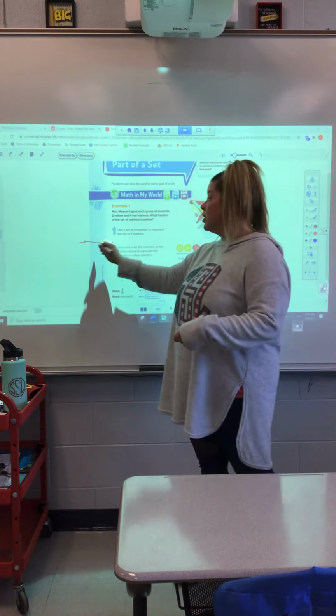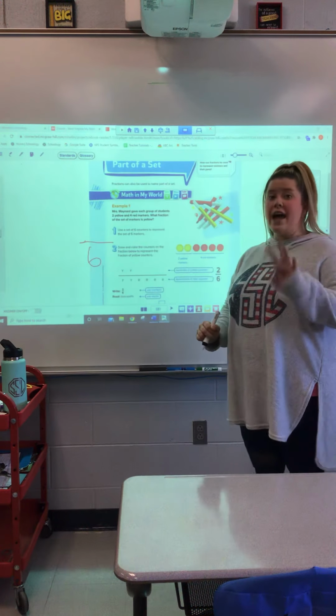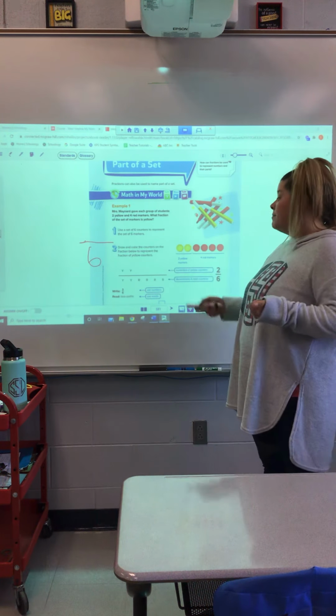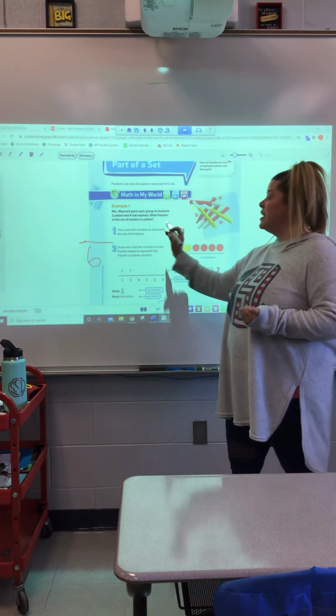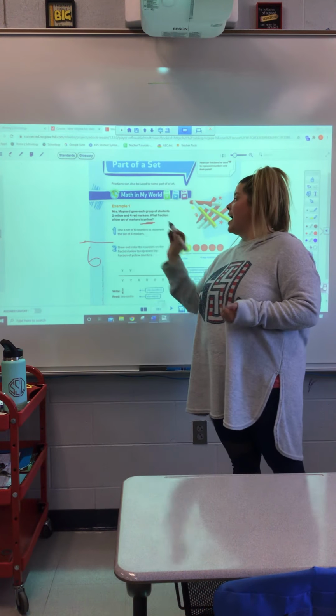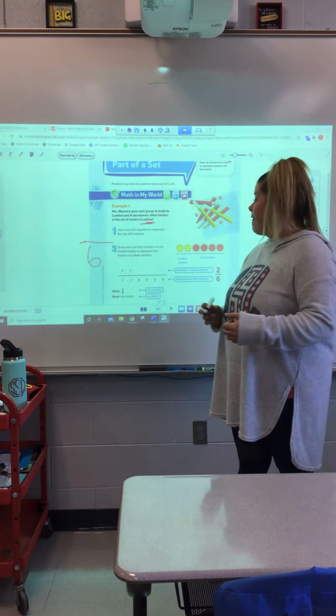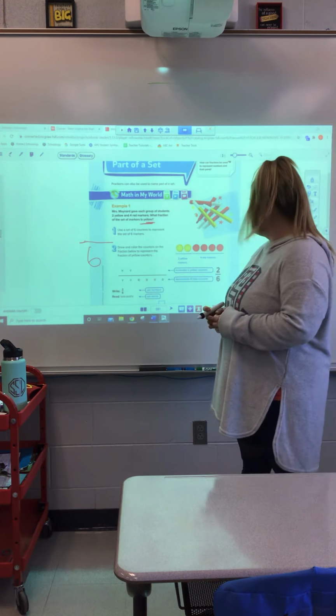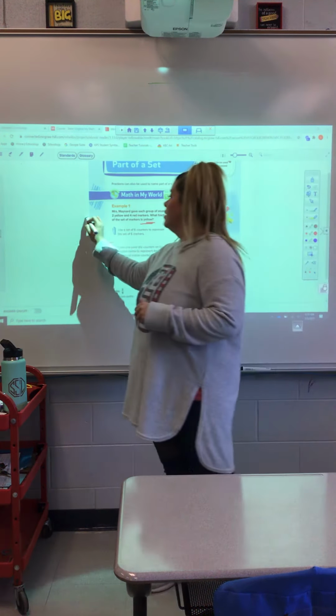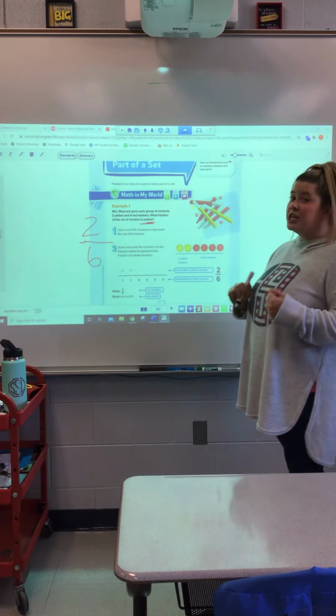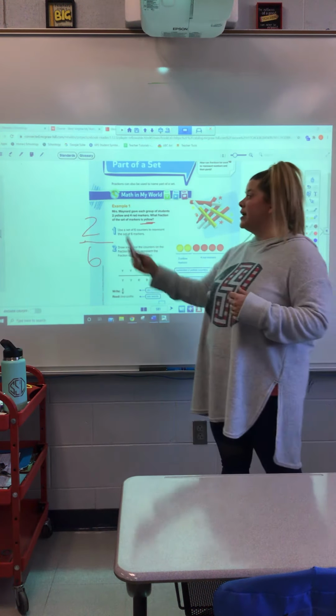I have 6 markers total, 4 red, 2 yellow. My top number is how many yellow markers I have, because that's what my question wants to know. What fraction is yellow? So how many yellow markers do I have? 2. So my fraction of markers that are yellow is 2/6.